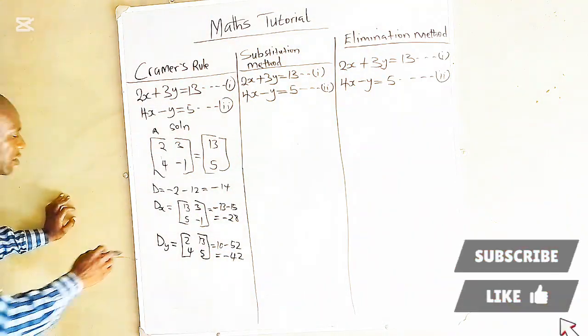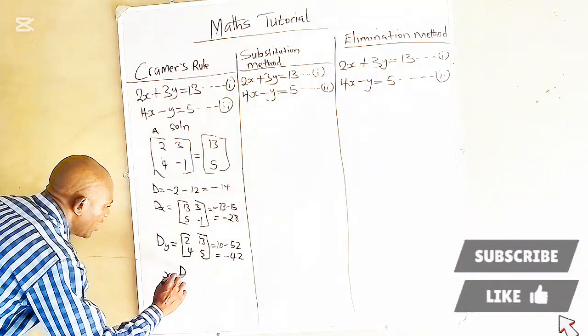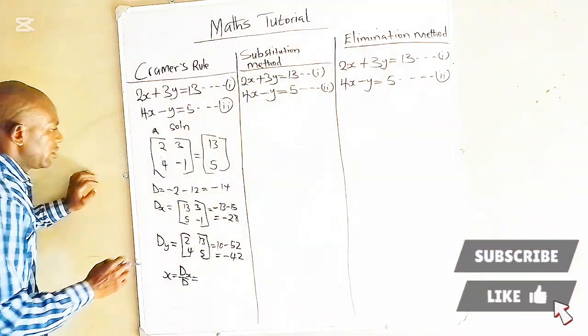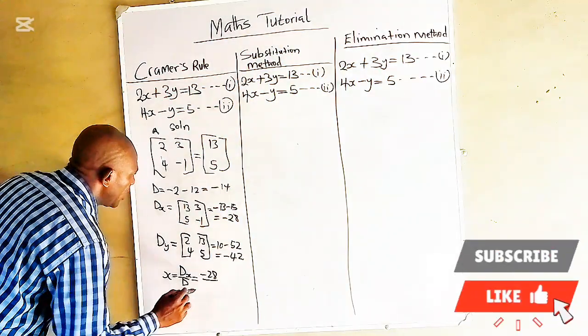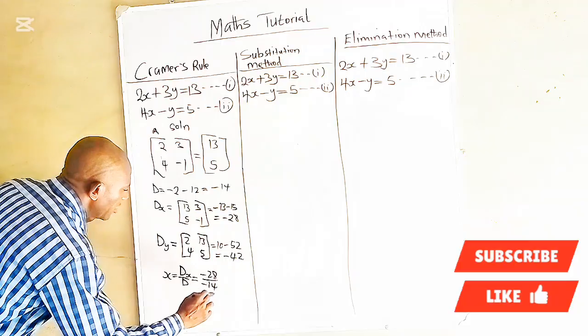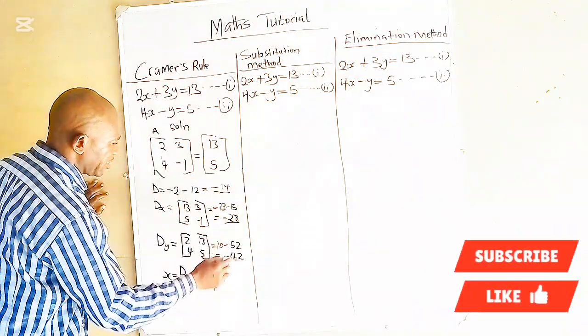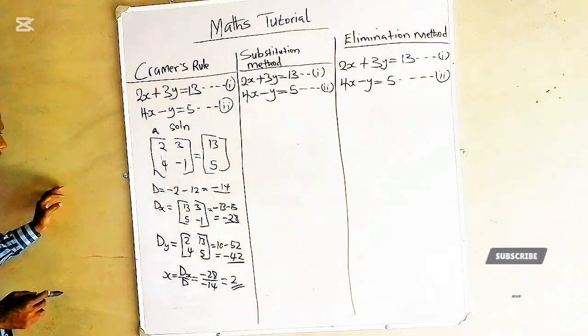Now finally, to get the value for x, you divide the determinant of x by the ordinary determinant. Determinant of x is minus 28 divided by minus 14, which is the ordinary determinant. Right, at the end of the day, we have 2 as the value of x.